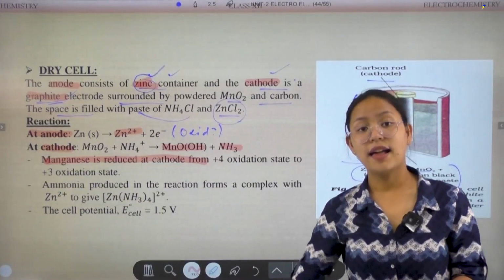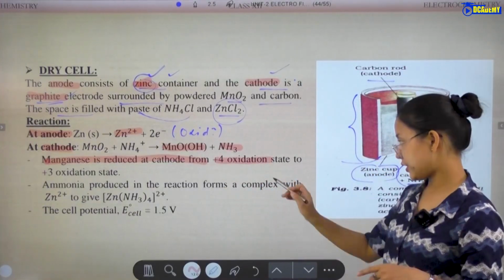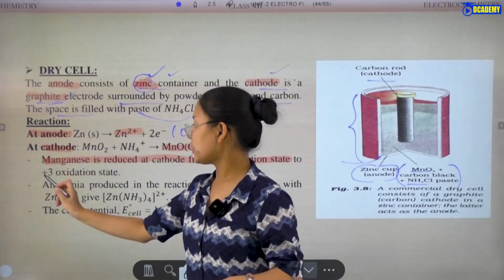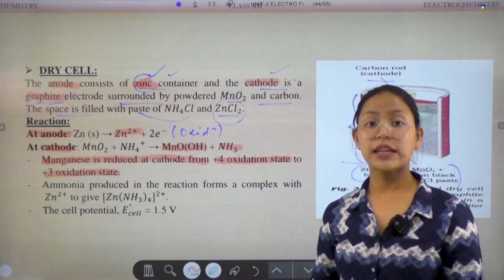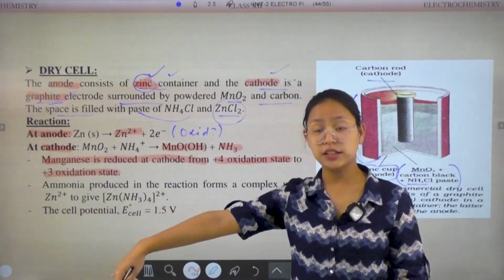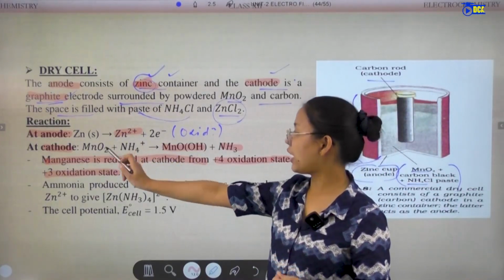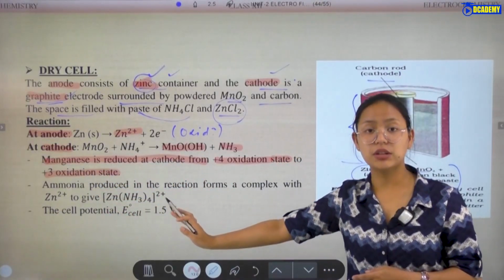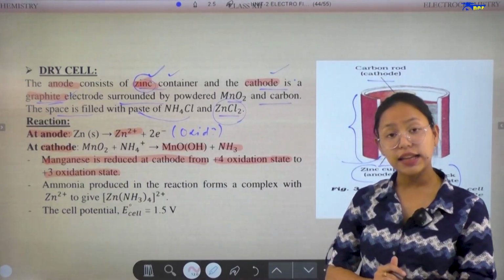Manganese is reduced at the cathode. Its oxidation state is plus 4 earlier, and it will be reduced into the plus 3 oxidation state. So here we came to know that manganese undergoes reduction. Hydrogen is present in the reactant, and in the product side you see hydrogen in MnOOH.